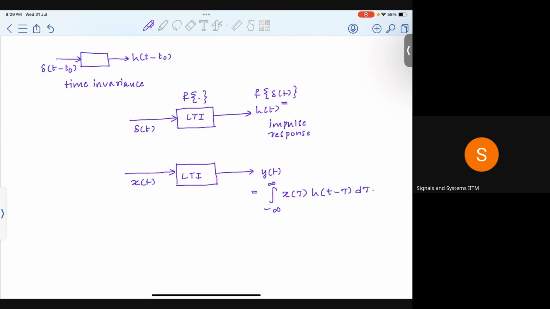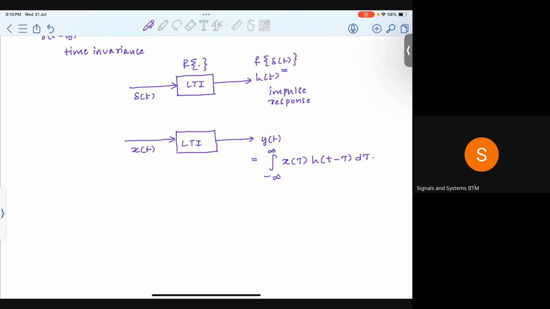This is something that we proved. Are you with me? Yes, ma'am. This particular form is given an operator name, the convolution operator. It is known as the convolution of the two signals x of t and h of t.